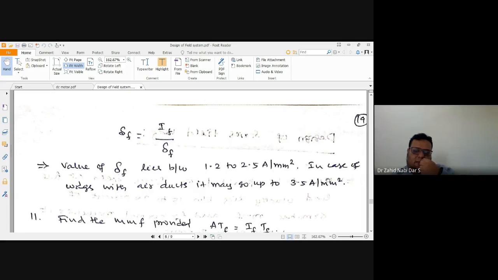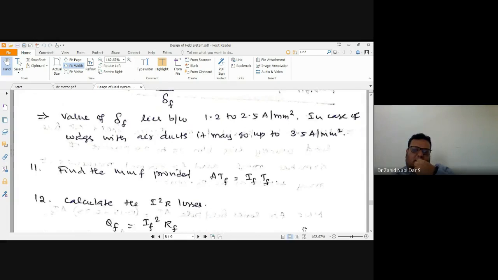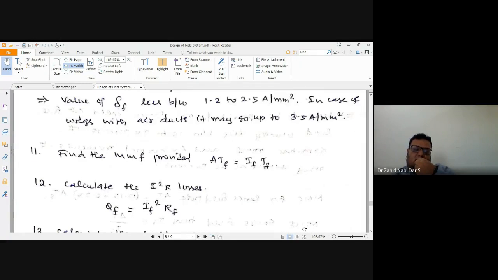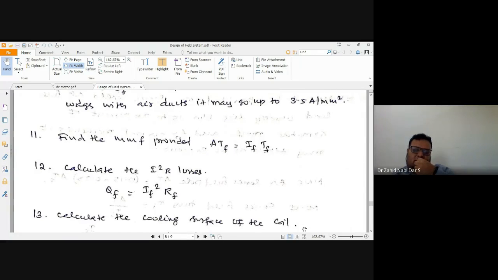Here you multiply 10 power minus 6, but in the numerator it will become 10 power 6. In case it is given in centimeter, then you have to multiply it with 10 power 4. Remember this. This is the main mistake many students make in the examination. Then your answer is wrong and you get fewer marks. So we need 100 out of 100.